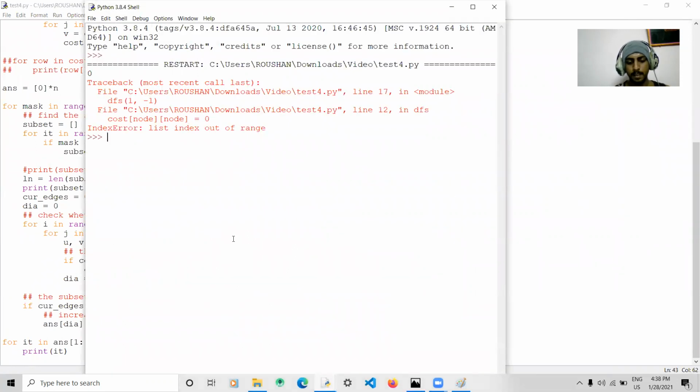If you do 20 into 19 by 2, that is 190, and 2 to the power 18.